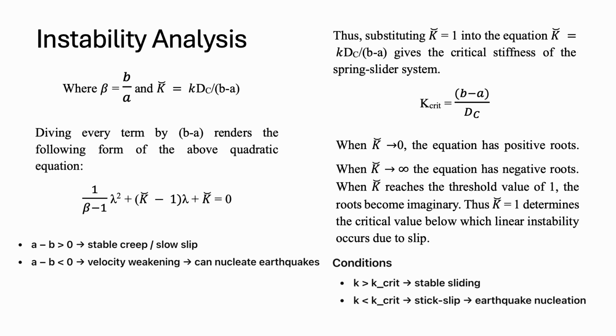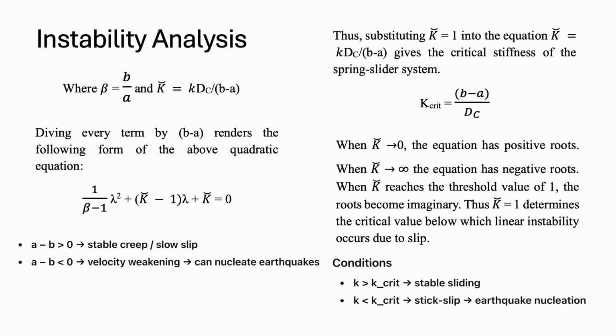And then if we substitute k cap equal to 1 into the equation, that gives the critical stiffness of the spring slider system, and this critical stiffness is given by this equation over here: k critical is equal to b minus a by dc.